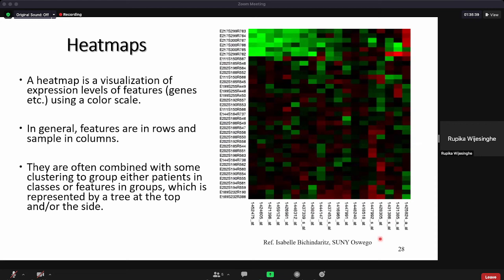Okay. So you know that using heat maps, we can show the clusters.